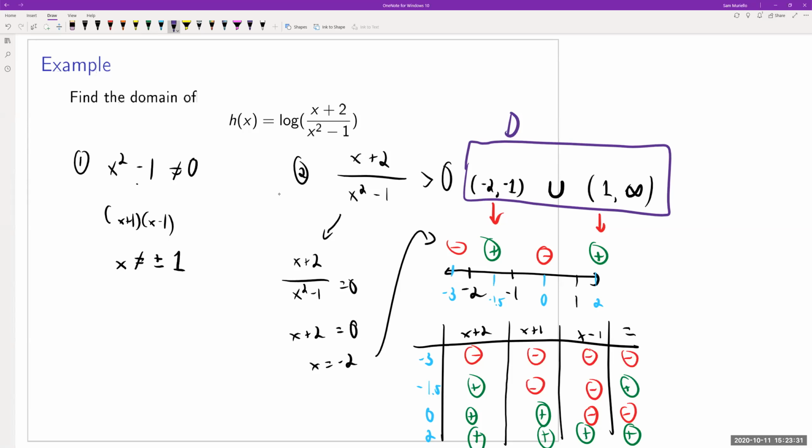Our domain will be these two intervals. We would need to double check, of course, that plus or -1 is not included, but of course, these numbers are where this piece is not defined, so they are not included. They are the endpoints of the interval, so we don't have to worry about them.